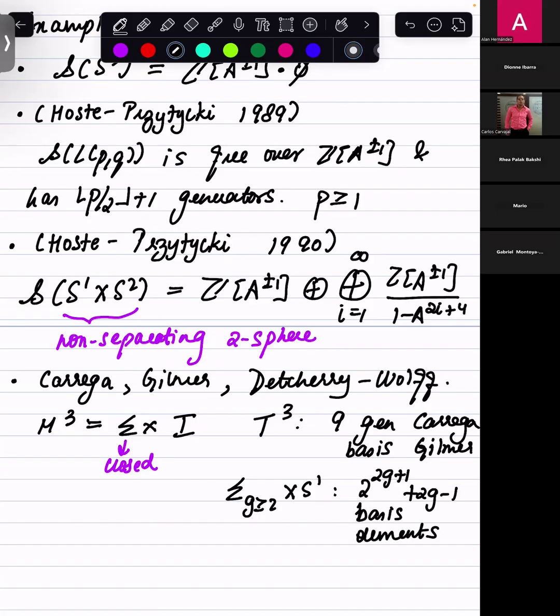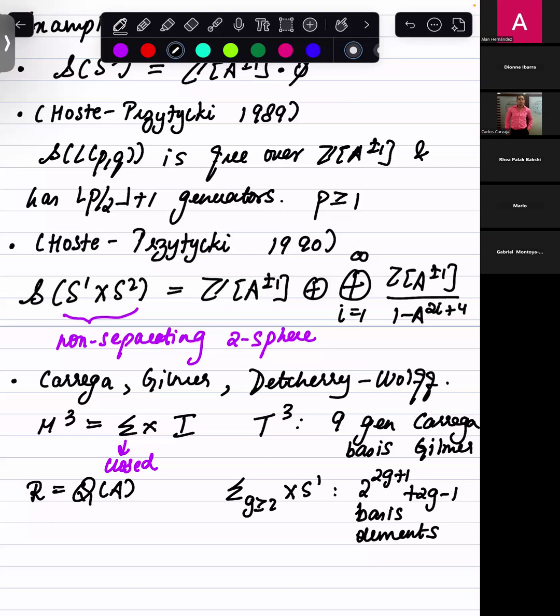But in this case, the ring that they worked with is the ring of rationals. So it's the field of rationals in this invertible element A. So essentially what you're doing is that you're killing all torsion, right? As you can imagine, all of these 3-manifolds are going to have a lot of torsion, but if you work with the field of rationals, you will kill all torsion.